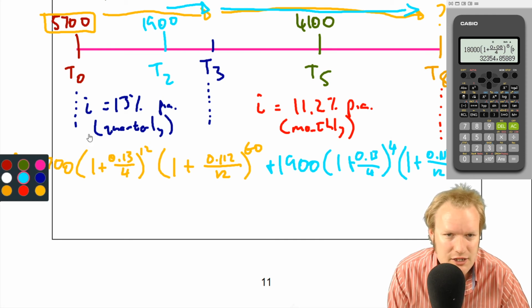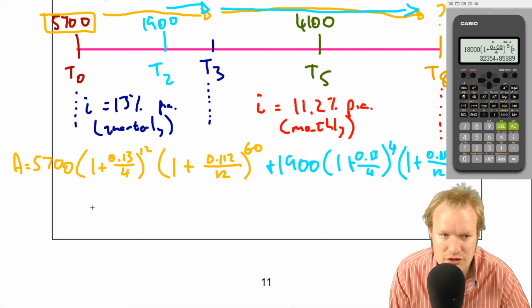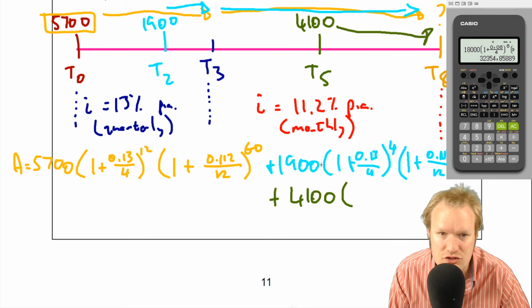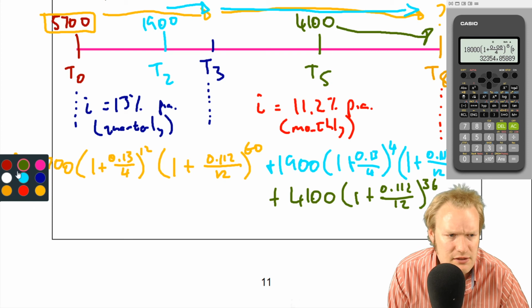And then our last bit is this 4,100. So plus 4,100. We're investing that. This part's easy because that's just invested for 3 years at 1 interest rate. So 4,100 at 1 plus 0.112 over 12 for 3 years, so for 36 months. And that's it.